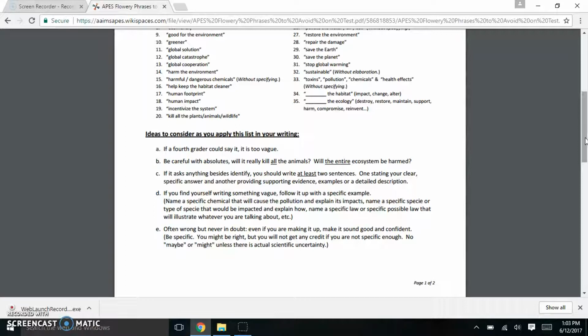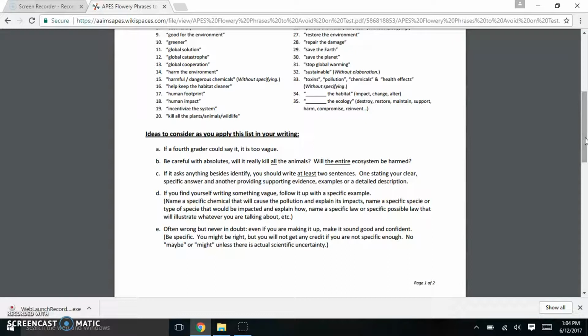Will the entire ecosystem be harmed? That's very broad. All the animals, or is it going to kill specific animals? The entire ecosystem or parts of the ecosystem? What is it about this question? How is it being harmed? How is it being killed?